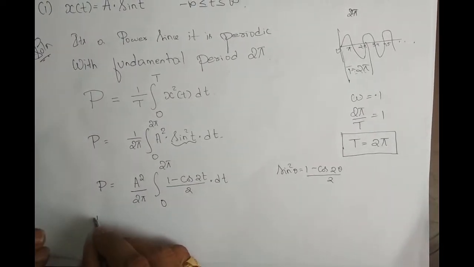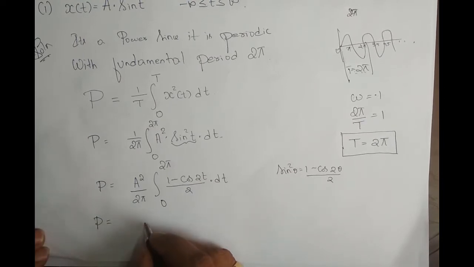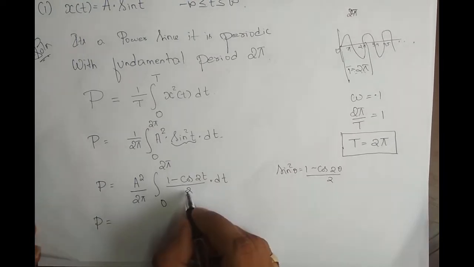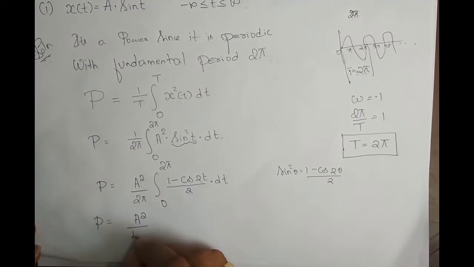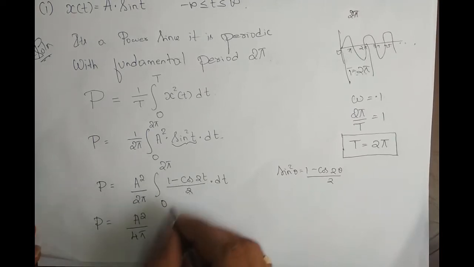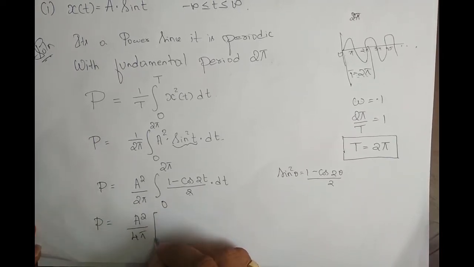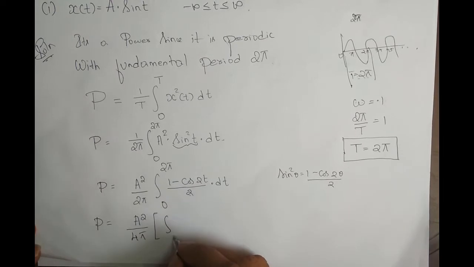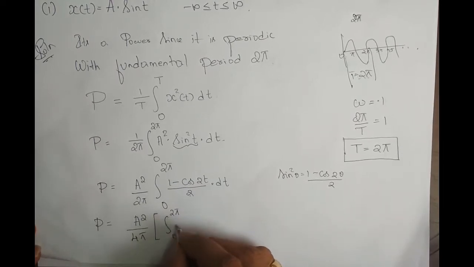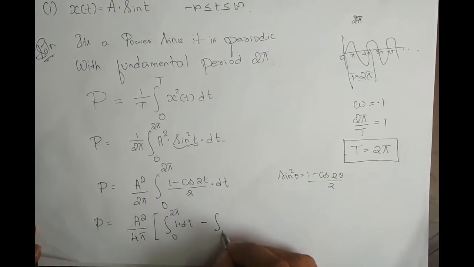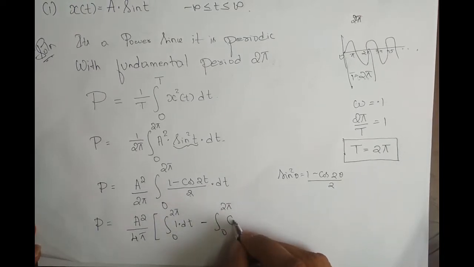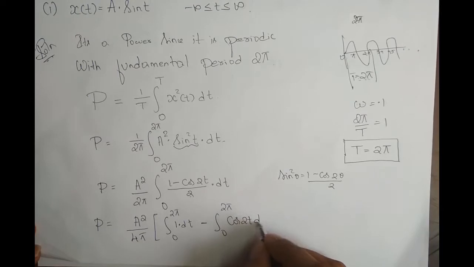Now, power is equal to, I'll take this 2 outside in the denominator, A square divided by 4 pi, because I have taken the 2 out since it's a constant. Now I'll split the integration: integrating from 0 to 2 pi 1 times dt, minus integrating from 0 to 2 pi cos 2t dt.